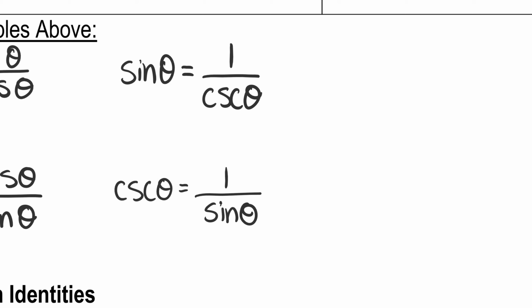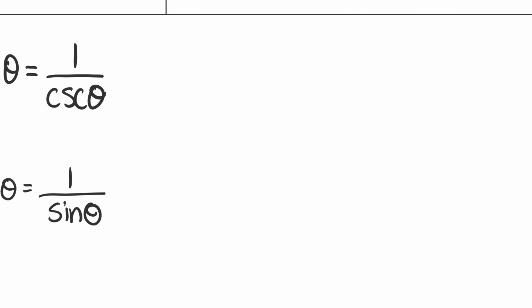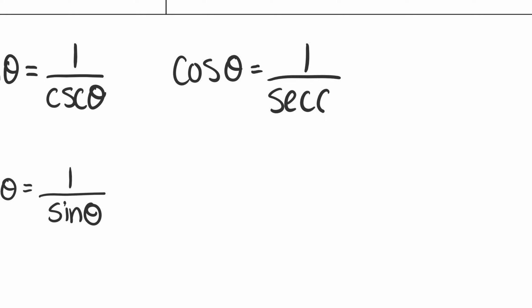Which really all that means is if I have sine, I can flip the fraction to get cosecant, and if I have cosecant, I flip it to get sine. That's all that is. The next one would be cosine theta is 1 over secant theta. And then again, flip it. Secant theta equals 1 over cosine theta.